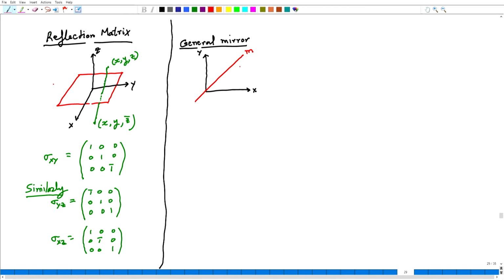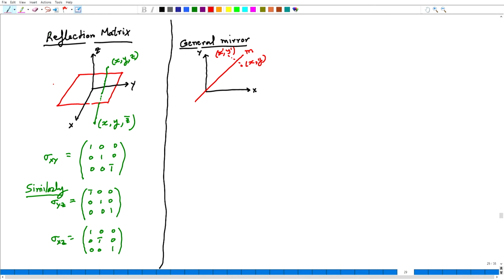Suppose there is a point x, y; this point will move to some point x prime, y prime. Again the z axis is fixed. I want to determine the reflection operation which will take the point x, y to x prime, y prime. A general mirror can be obtained in the following way, just like for a general axis in the last lecture, where we obtained the matrix operation.